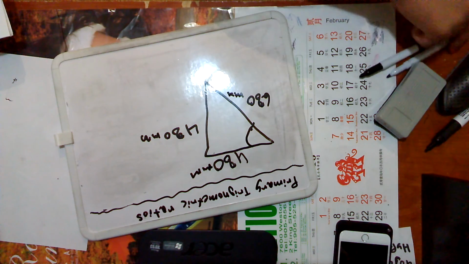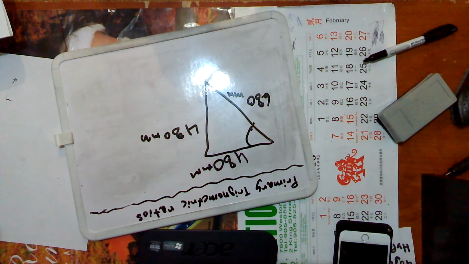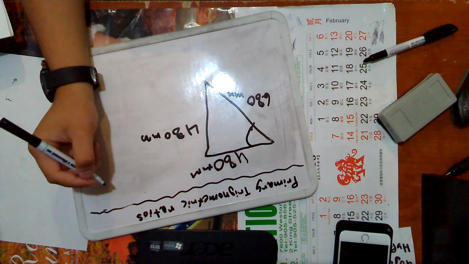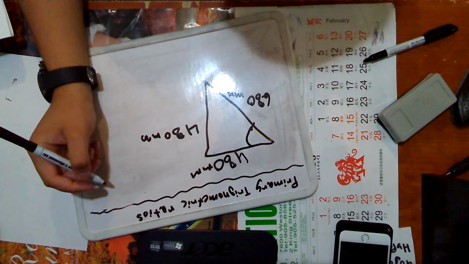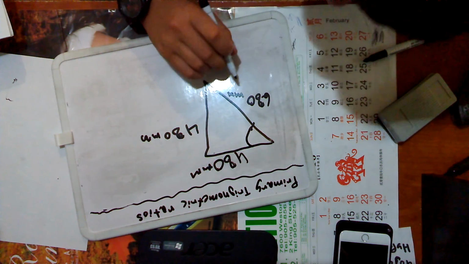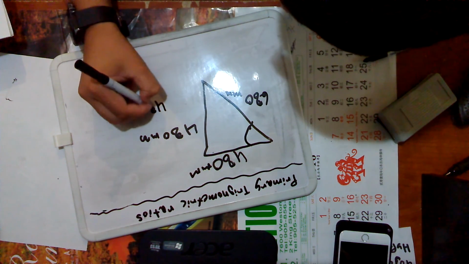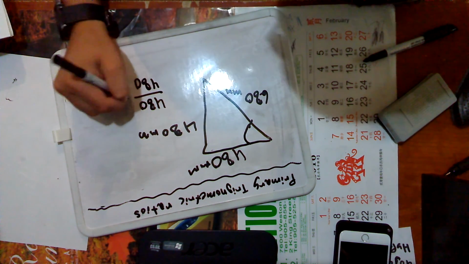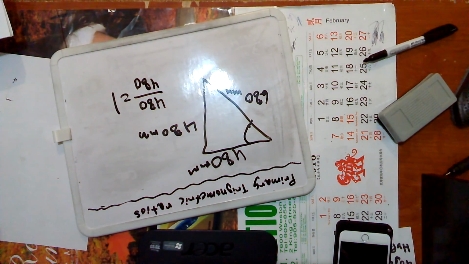Now I want you to solve using the relationship of tangent. Tangent is always opposite over adjacent, like what I said. So opposite 480 over adjacent, which is 481. Easily. That's how you find out.